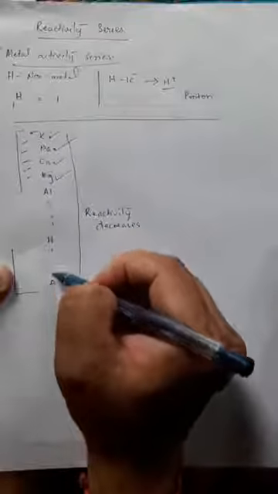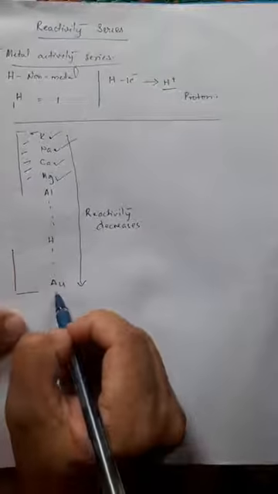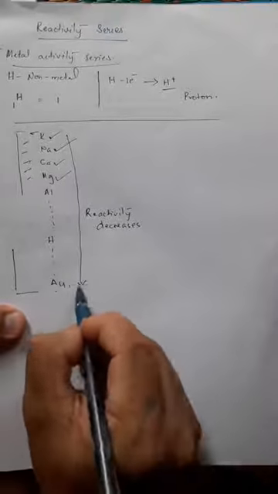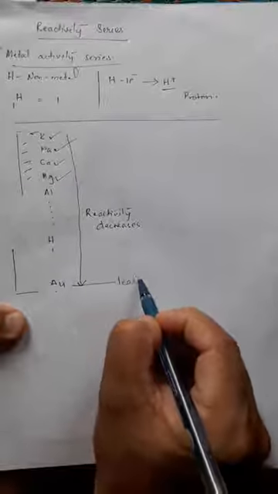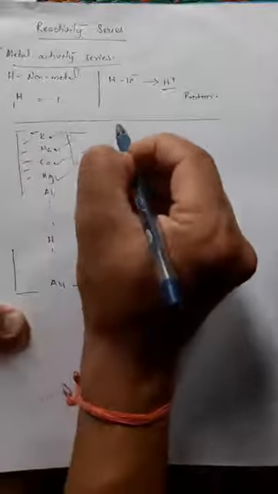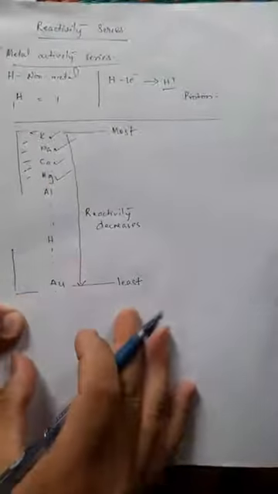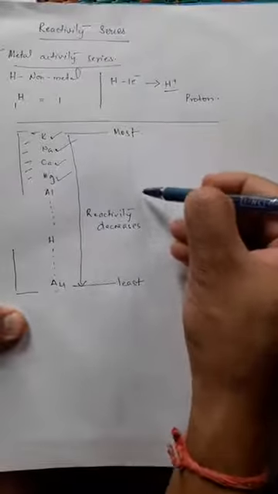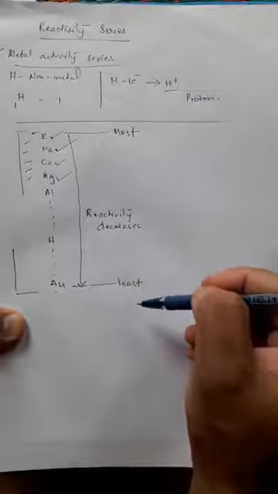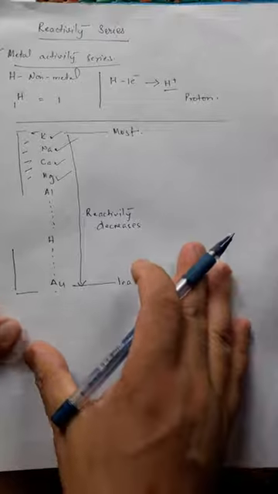Likewise, as we move down and reach the last, gold is the least reactive, and potassium is the most reactive. So this sequence or this series is called the metal activity series.